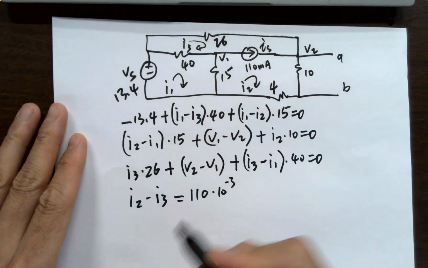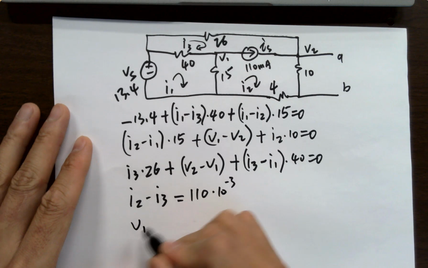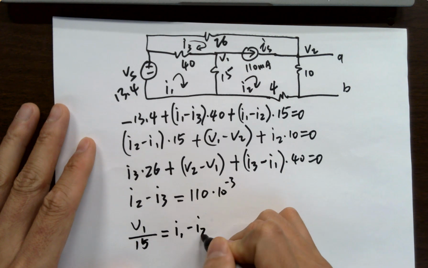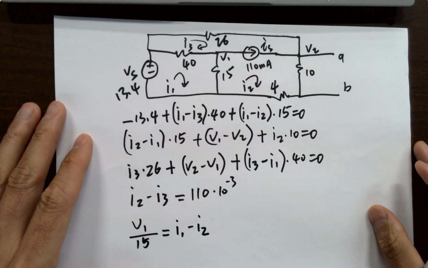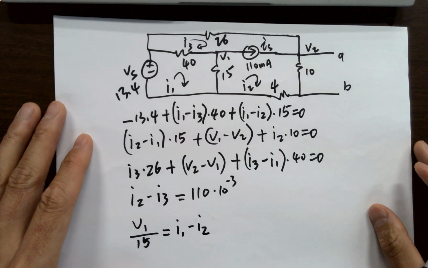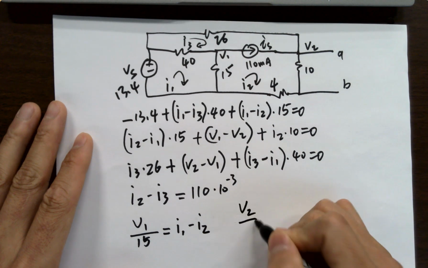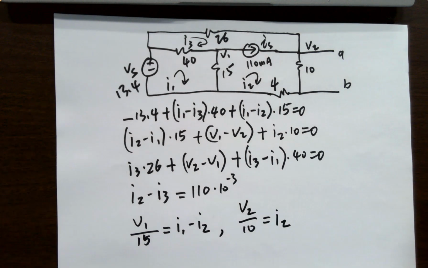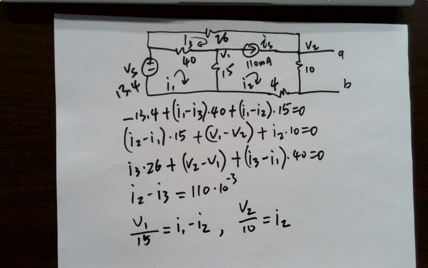V1 over 15 is what? Right? And V2 over 10 is... is there anything redundant here? This one?